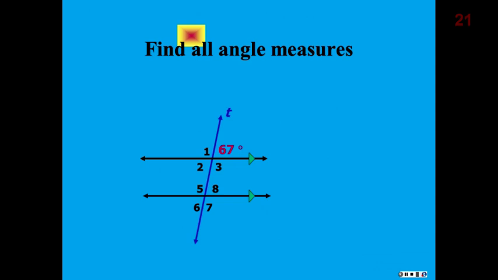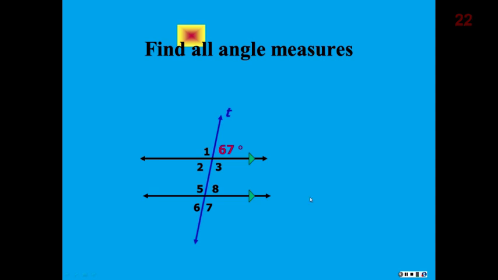All right, tell me what the missing angles are. What other angles are 67 degrees? 2, 8, and 6. No, why'd you say 7? If you do the zigzag, which one is it? Is it 6 or 7? So 67 degrees for 2, 67 degrees for 8, 67 degrees for 6. What about 1, 3, 5, and 7? How much does that measure?